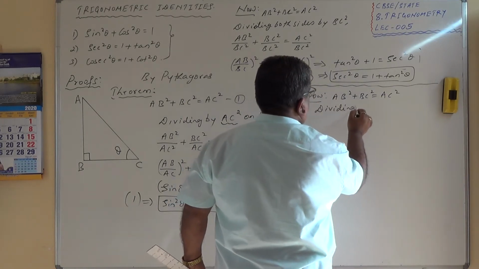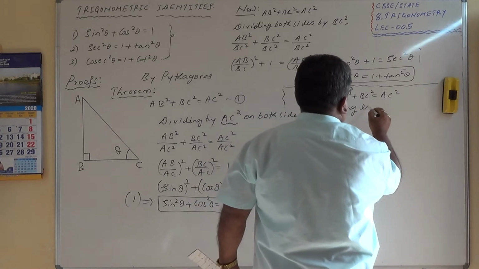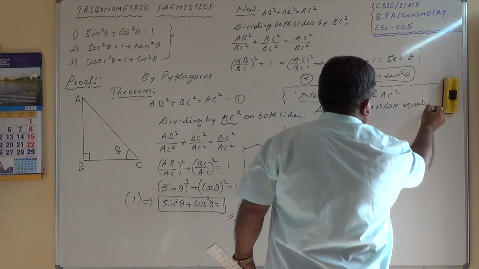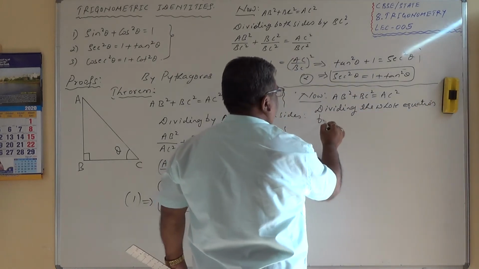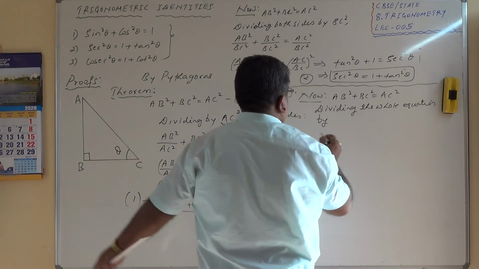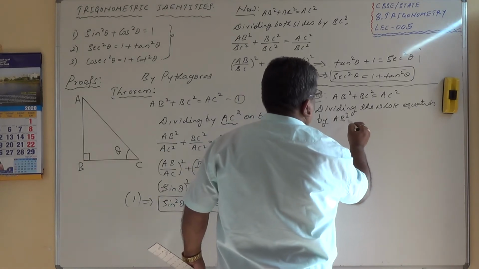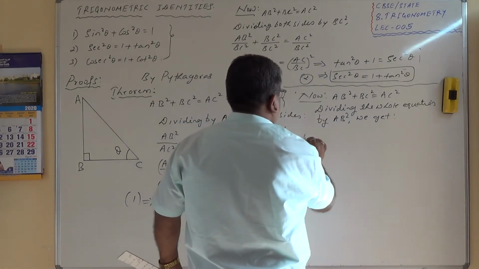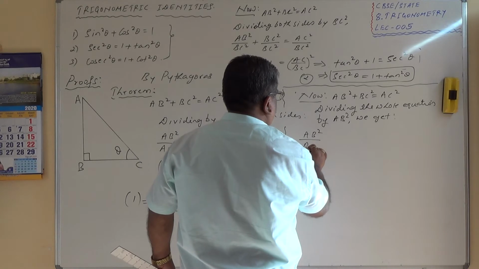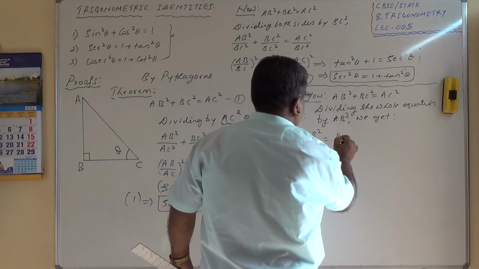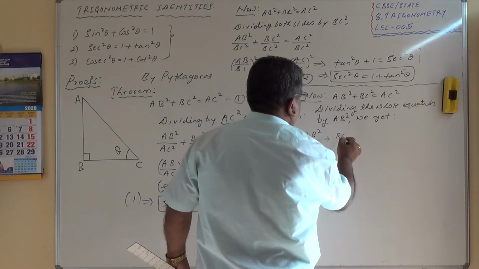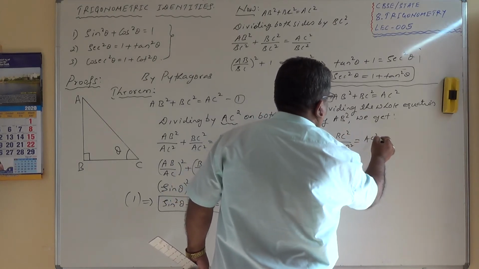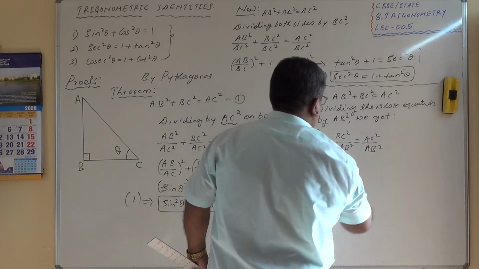Dividing the whole equation by square of the opposite side, AB square, we get AB square by AB square plus BC square by AB square equals AC square by AB square.